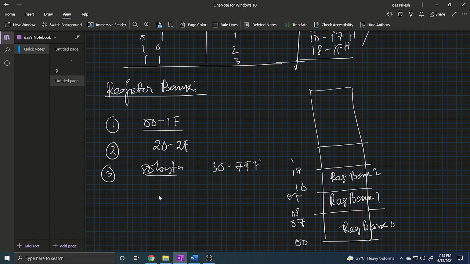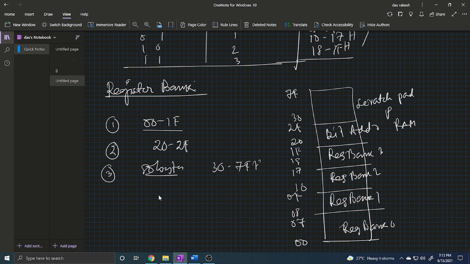Now from 18 to 1F, this is register bank 3. Now from 20 to 2F, this is basically used for bit-addressable RAM. And 30 to 7F is basically the scratchpad random access memory location. So this is the partition of the total 128 bytes of memory.